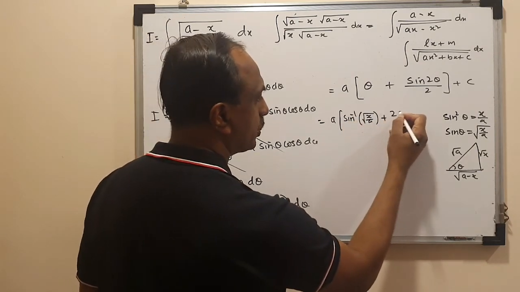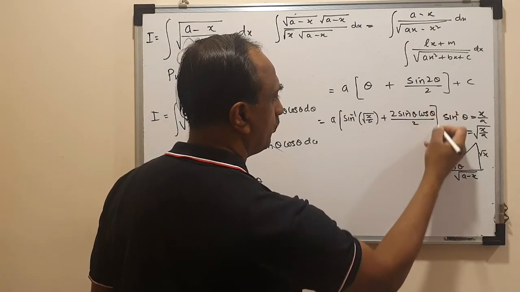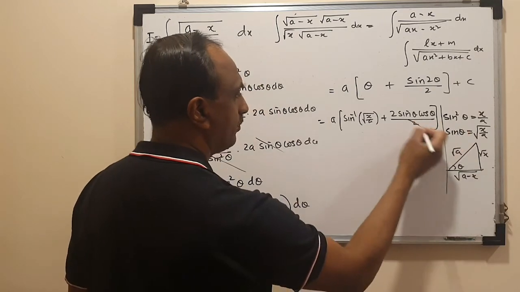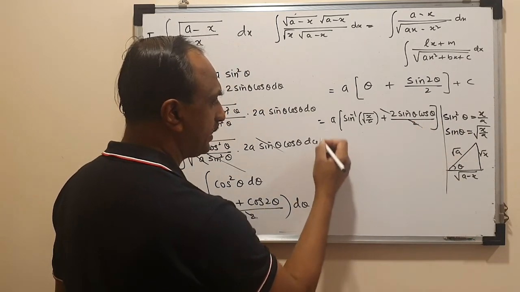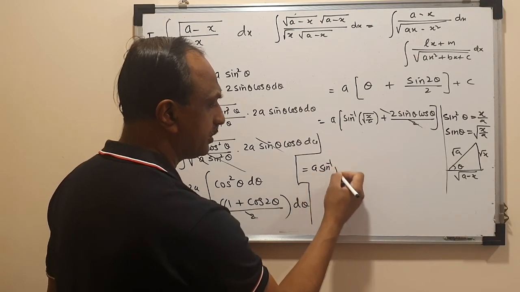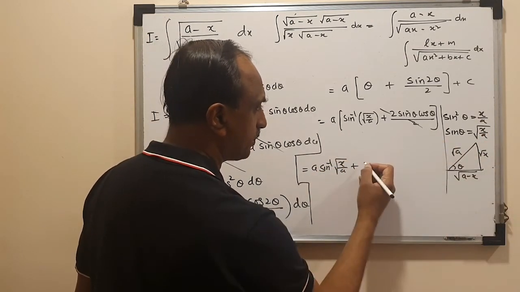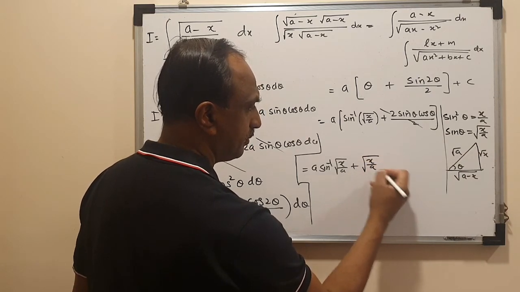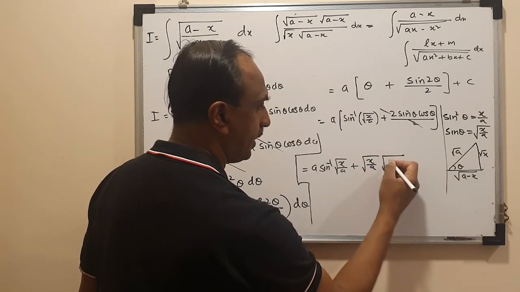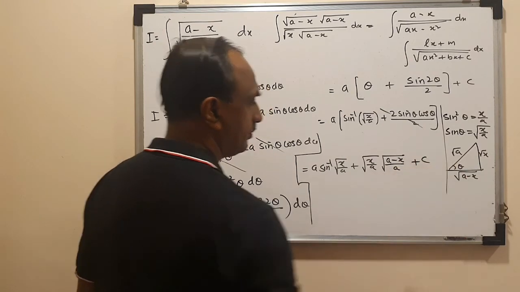And I'll write this as 2 sine theta cos theta divided by 2 plus c. So finally this answer I can write as a sine inverse root x by a plus sine theta, which is root x by a, cos theta is root a minus x upon root a, plus c.